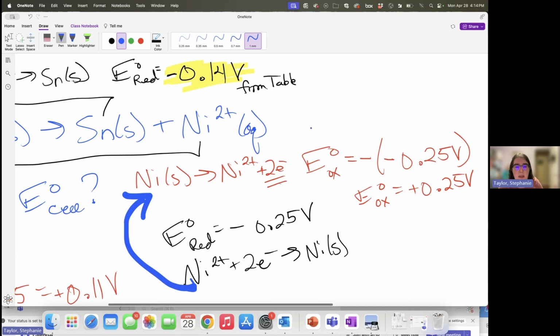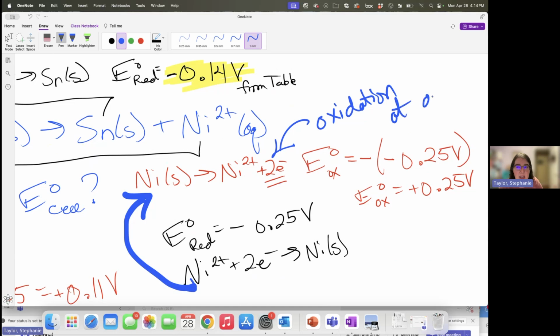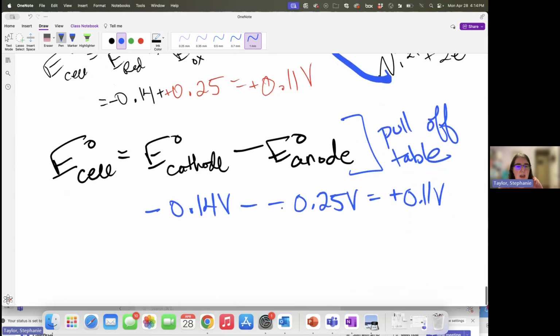Because I know that nickel is being oxidized, that makes this my oxidation reaction, so this would be at the anode. And because that one's at the anode, my minus sign goes on this side. But those values are both just pulled off of the table.